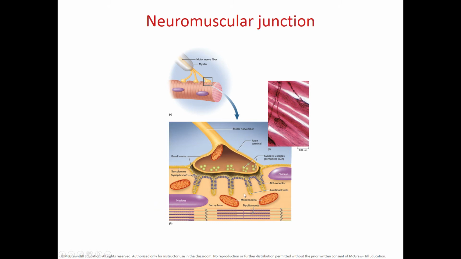They are normally closed, and they open upon binding of acetylcholine, allowing sodium and potassium to rush into the cell to depolarize it, so that the actin filaments can slide over the myosin. And this is how it looks under the microscope. These are the muscle fibers, as you can see from the striations, and these are the axon terminals of the motor neuron.